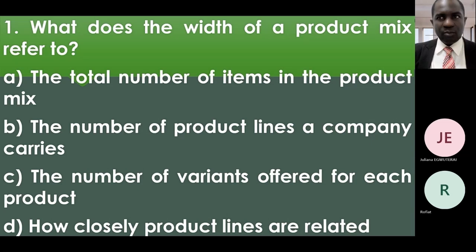A, the total number of items in the product mix. B, the number of product lines a company carries. C, the number of variants offered for each product. And D, how closely product lines are related. Quite tricky. I hope you can remember this in the questions.